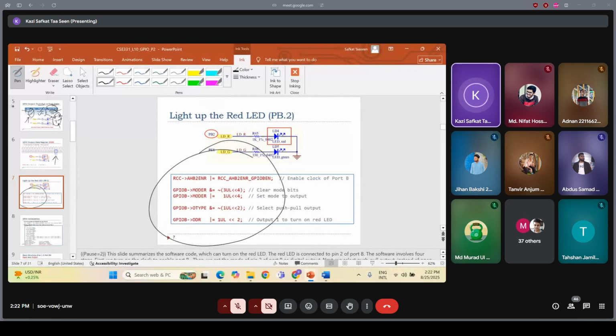Here, what's important are the steps. What do you have to do one by one? Enabling the clock, setting the mode, setting the output type, and then finally setting the output value.